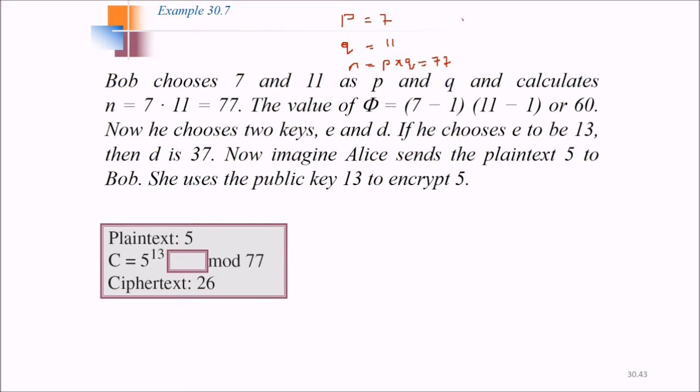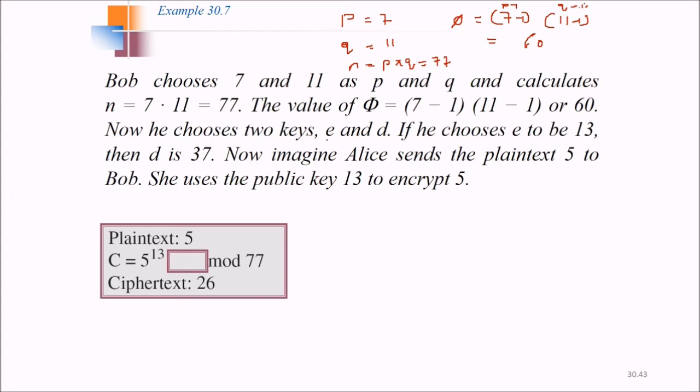Now he has to calculate one more thing, that is phi. In certain texts it is given as Z also. So not to worry, we have to find P minus 1 times Q minus 1, that is 7 minus 1, then 11 minus 1. So what will it be? It will be 60. So now phi is 60.